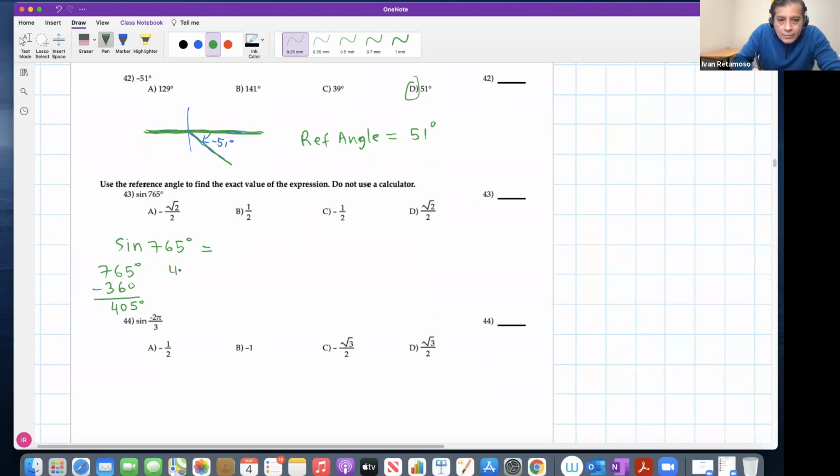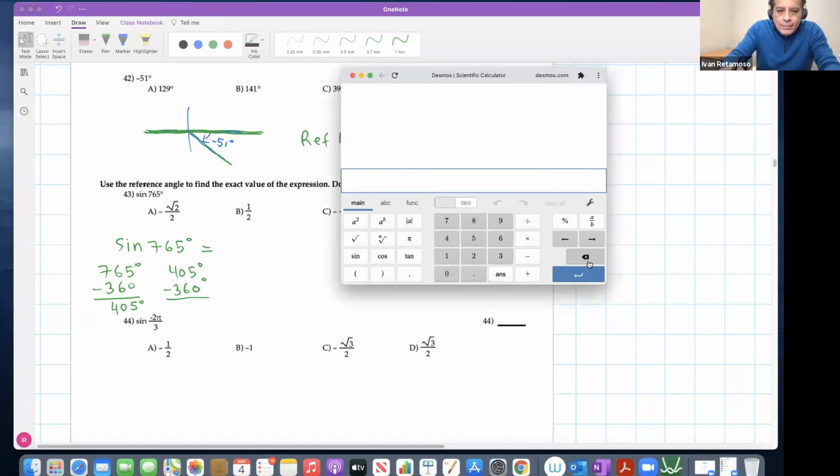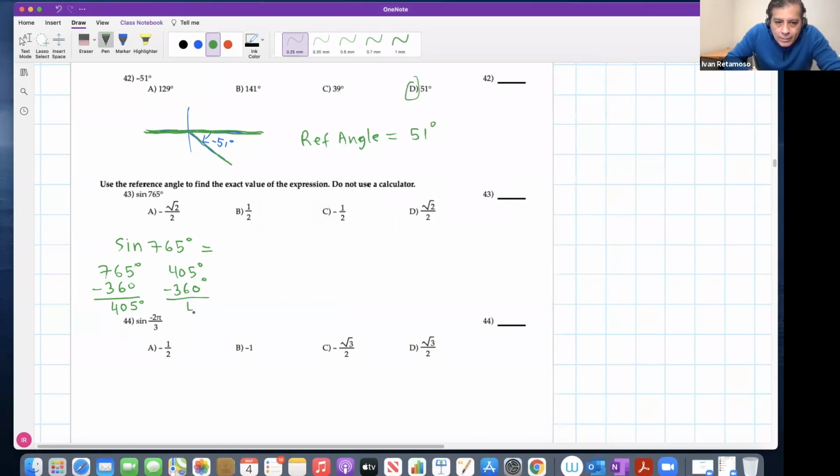So feel free to do this again as many times as you need, guys, because subtracting 360 degrees from an angle in trigonometry is basically generating coterminal angles, equivalent angles to work with. So subtract as many times as you need. If I subtract again, I end up with 45 degrees, a nice angle.